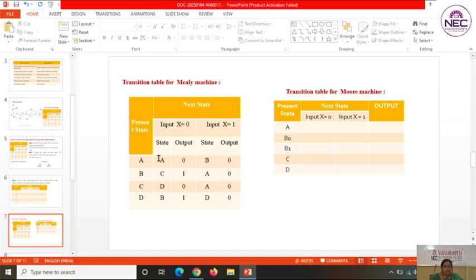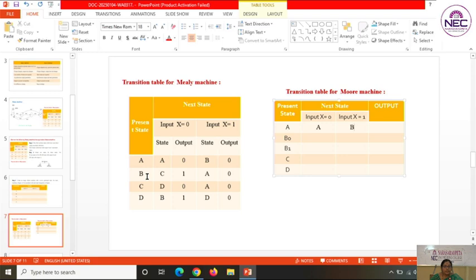In Mealy machine, A state, if input x is equal to 0, A state goes to A state and if input x is equal to 1, A state goes to B state. So, A state, x is equal to 0, same state and input x is equal to 1, A state goes to B state.